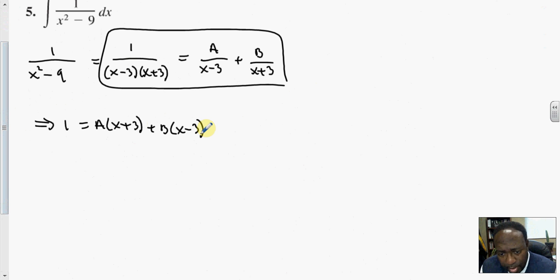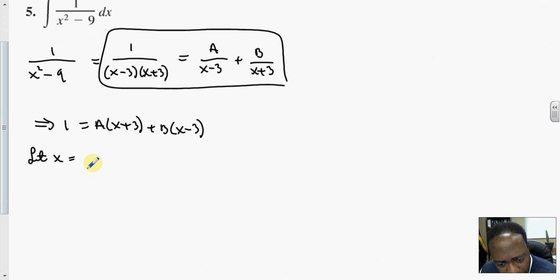When the terms are broken up in this fashion, it's easy to solve for the generic terms. If you let x equal negative 3, then we can produce the value for B. After that, we'll let x equal 3 to solve for A.